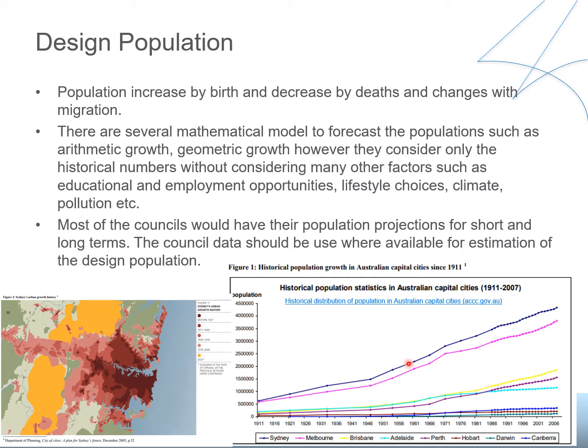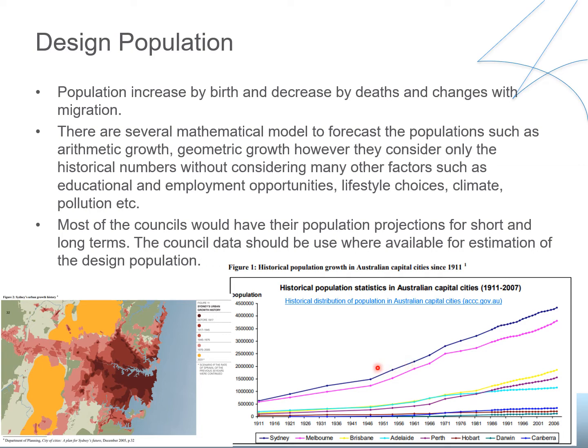And then if you design based on the previous trend only, then your infrastructure will not be able to service the community at that time.